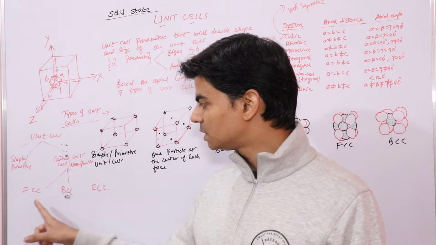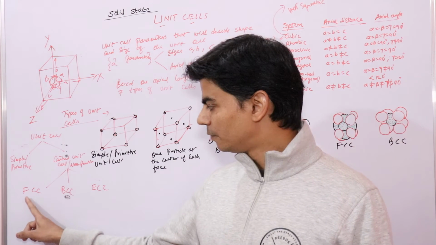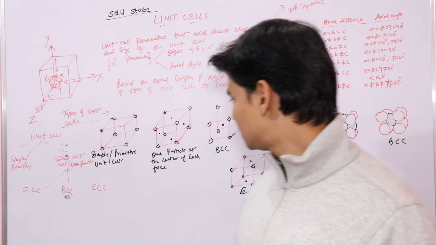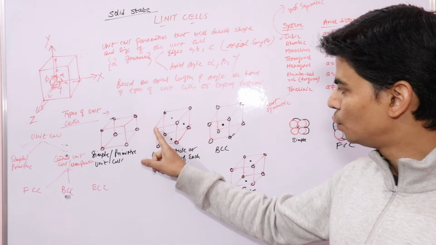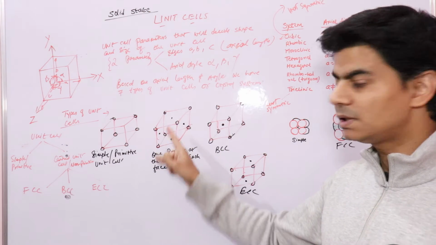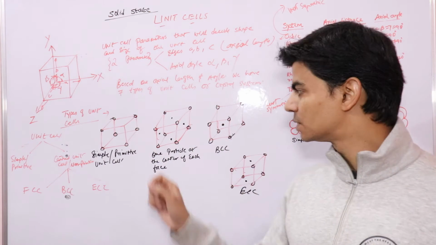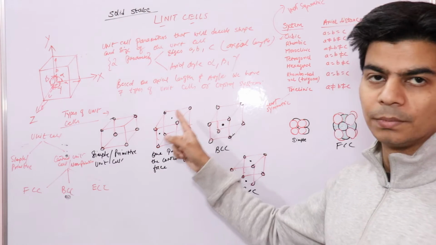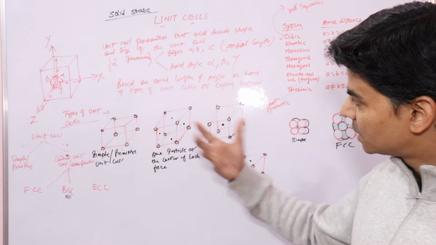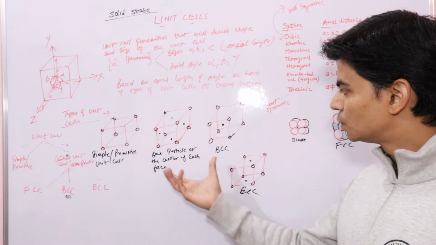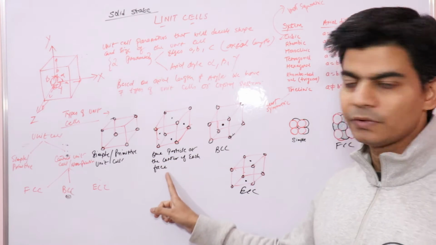Face centered means that, in addition to the corners, particles are also present at the center of each face of the cube. There are 6 faces in the cube, so there is one particle at the center of each face.